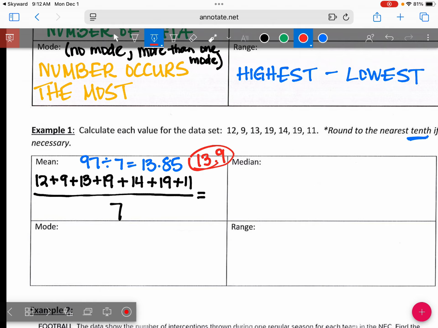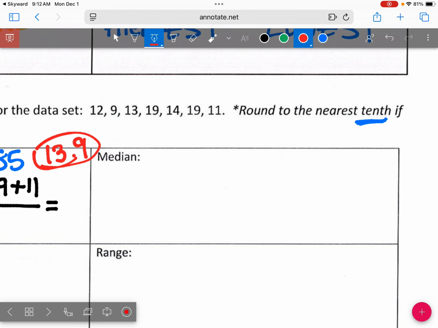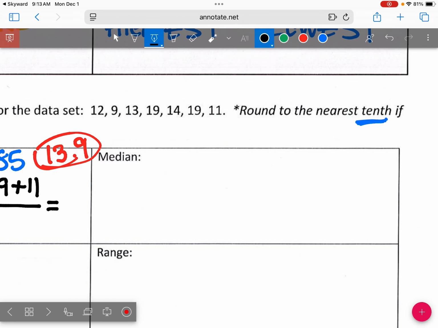All right, now let's put these numbers in order. The smallest number in the list, and as you put them in order, I recommend you cross them out. The smallest number is 9. Cross that out. We don't have a 10, but we do have an 11. Cross that out.